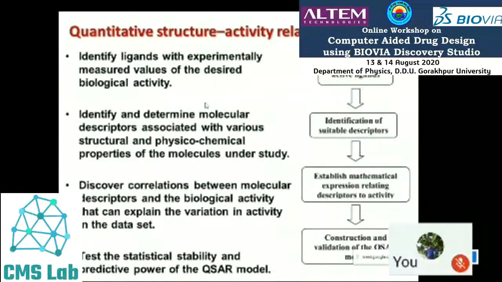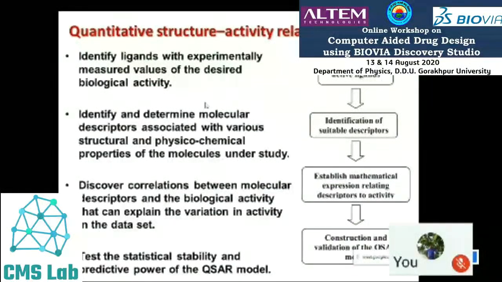So what is the first step in a QSAR? Very important is the identification of active ligands with biological activity. But in order to do QSAR, it's not just identifying ligands with biological activity.